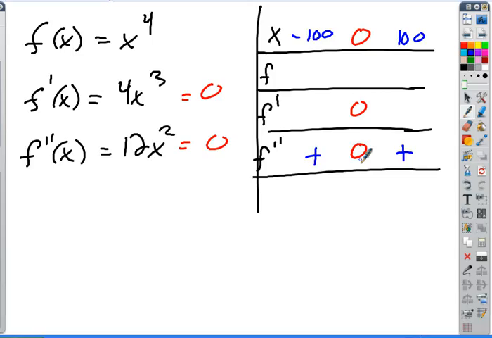Because if it's going to be bowl-shaped up, you can't have a single point in space that is bowl-shaped. It's just a point. If the points around it behave in the right way, then the curve is bowl-shaped up, right? And so this one little isolated place where the second derivative equals 0 is meaningless because every place around it is positive, right?